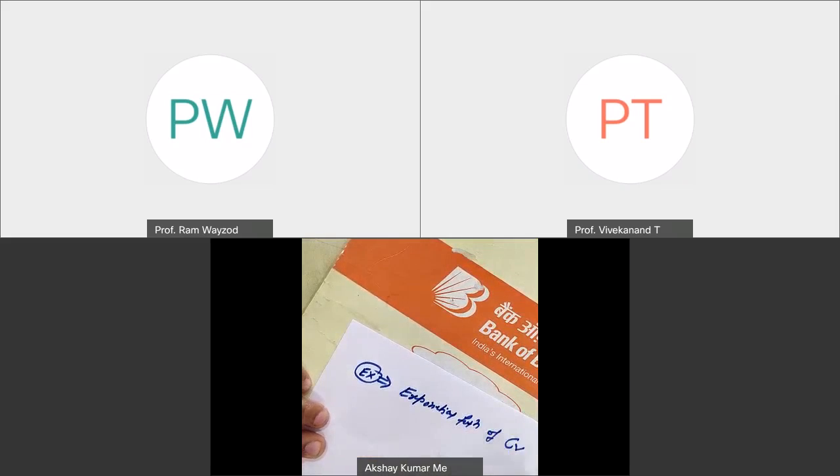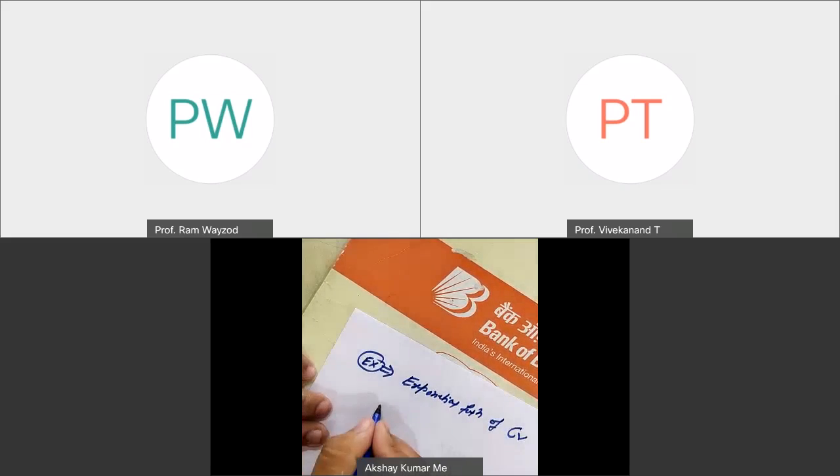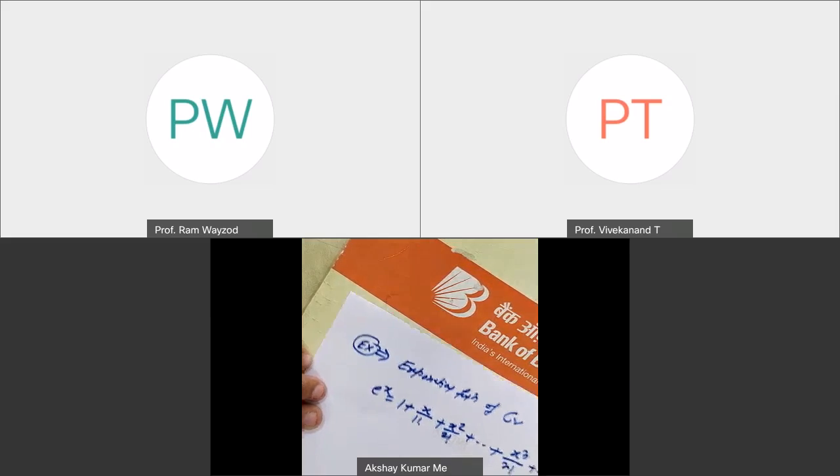Of complex variable. We are familiar with e to the power x, whose series is 1 plus x upon 1 factorial plus x square upon 2 factorial plus, up to x to the power n upon n factorial, and so on.